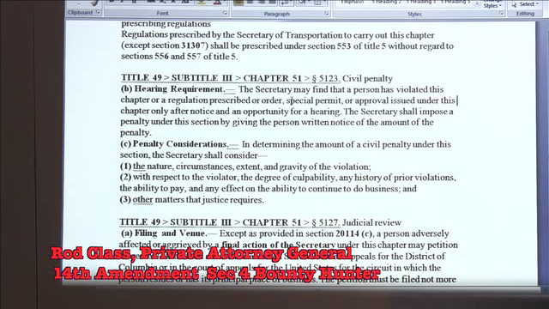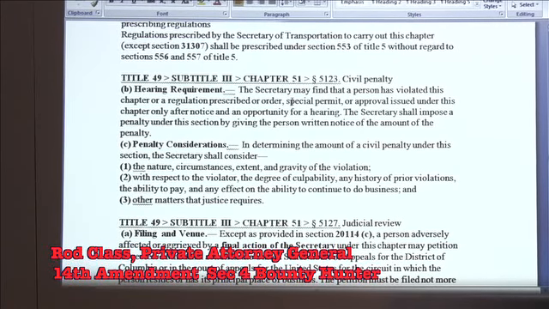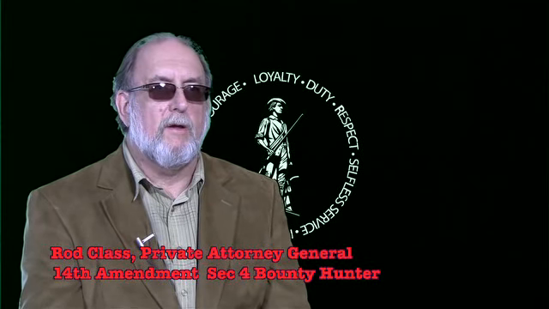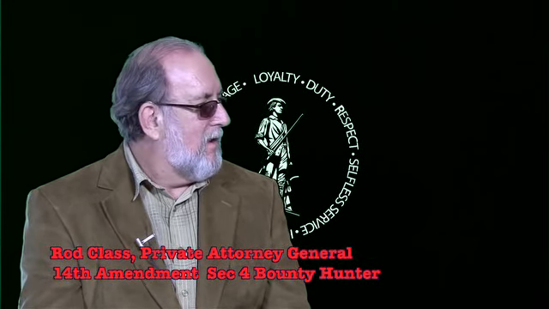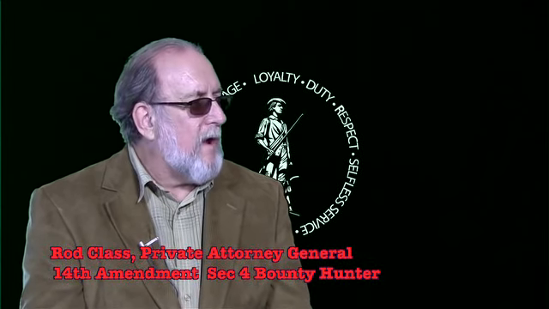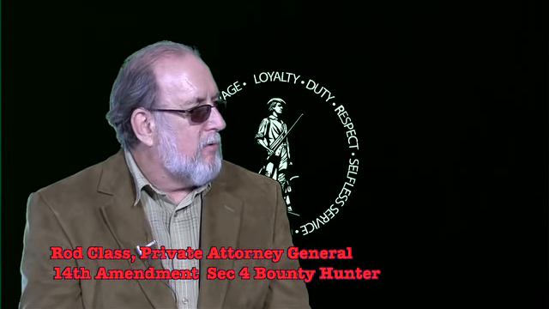Special permit or approval issued under this chapter only after notice and an opportunity for a hearing. The secretary shall impose a penalty under this section by giving that person written notice of the amount of penalties. Wait a minute. Where does it say a judge? Where does it say a local court? This is why we're being scammed. This is why they don't want us walking in here.